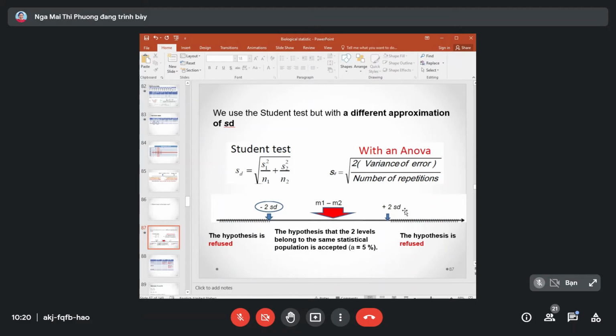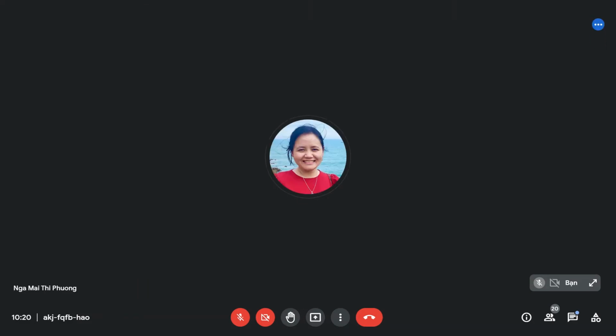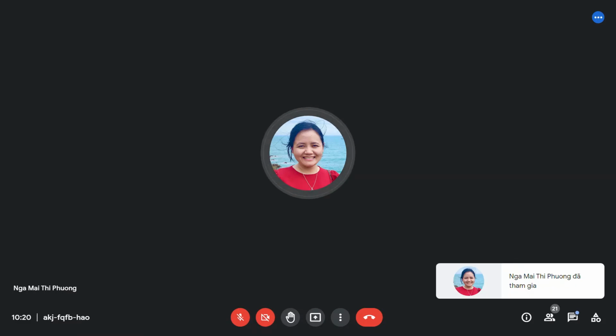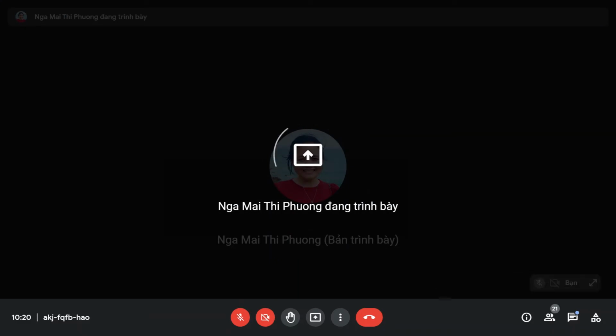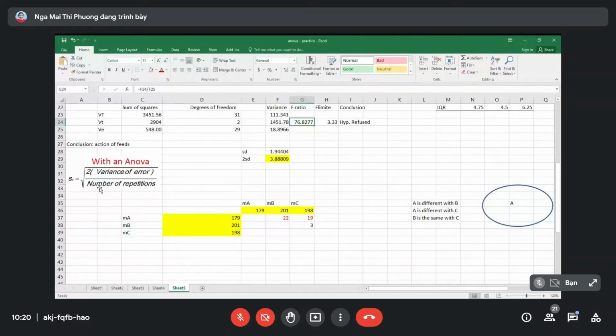So you have the SD equal 1.9. Let me open my Excel file. So you have SD equal to the square root of 2 times the variance of error divided by the number of repetitions.